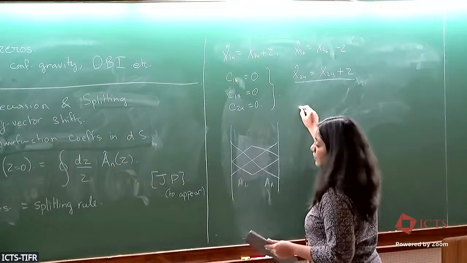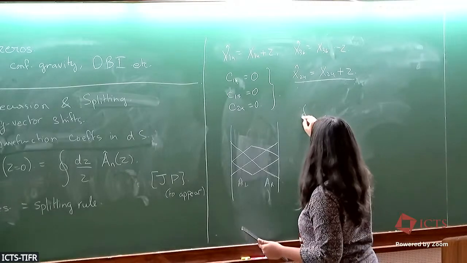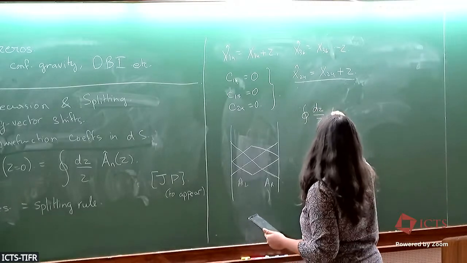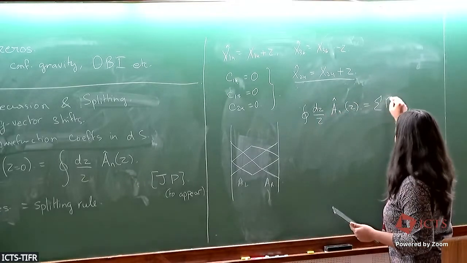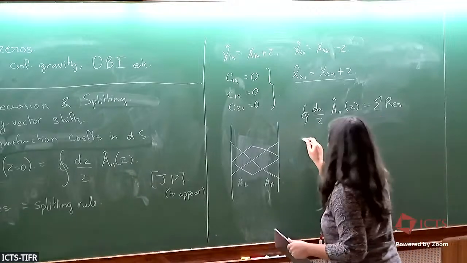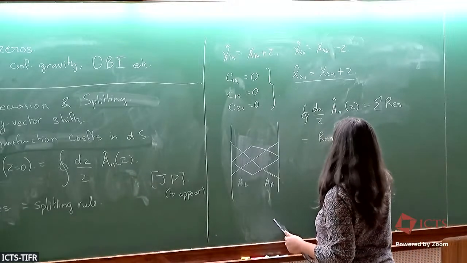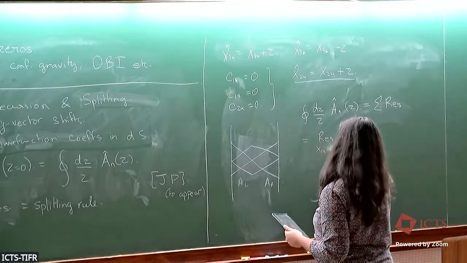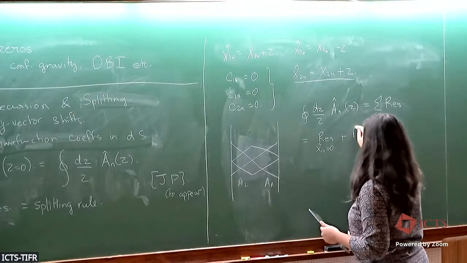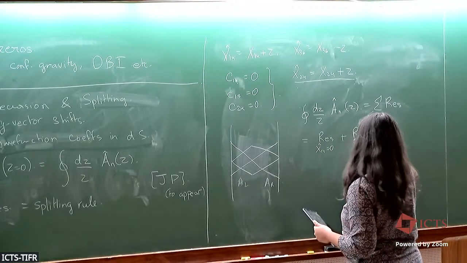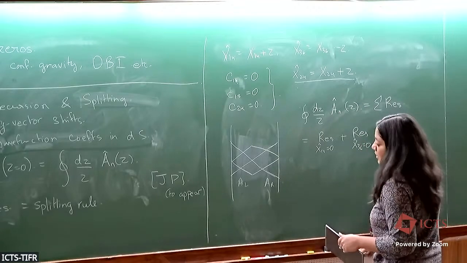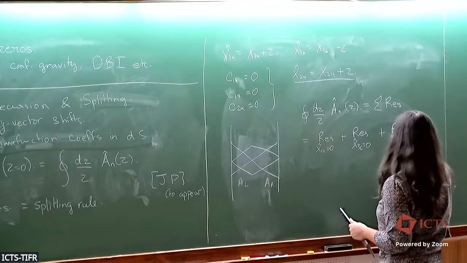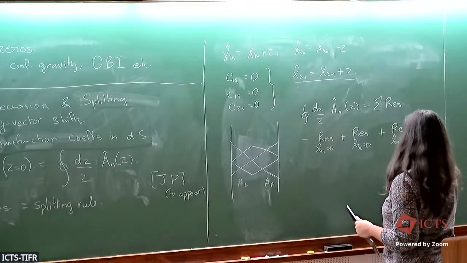So if I go back to my contour integral, dz over z of A_n hat of z, this is a sum over residues. I now know where those residues are. So this is residue at x14 equals 0, plus residue at x36 equals 0, plus residue at x24 equals 0.